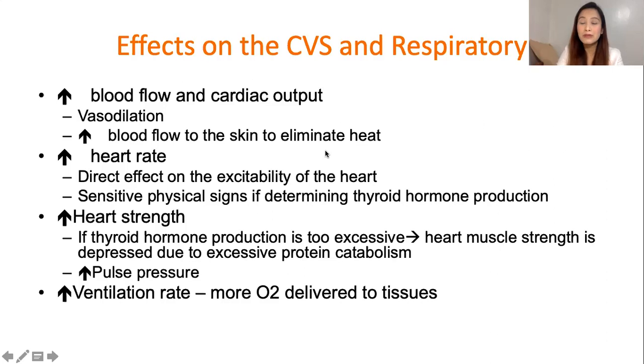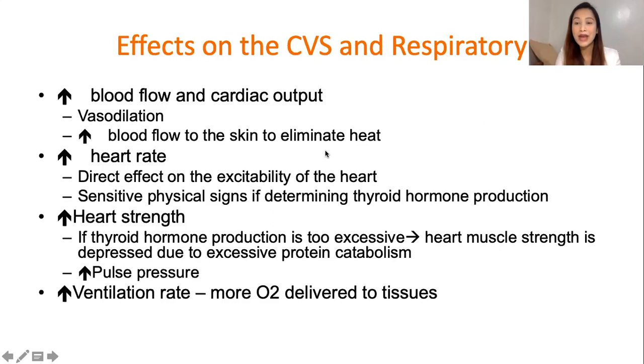So the patients with hyperthyroidism will have warm and moist skin, and this is because of the vasodilation. The excessive heat is disseminated by increasing blood flow, and this is promoted by vasodilation in the skin. There's also increased heart rate because of the direct effect on the excitability of the heart.